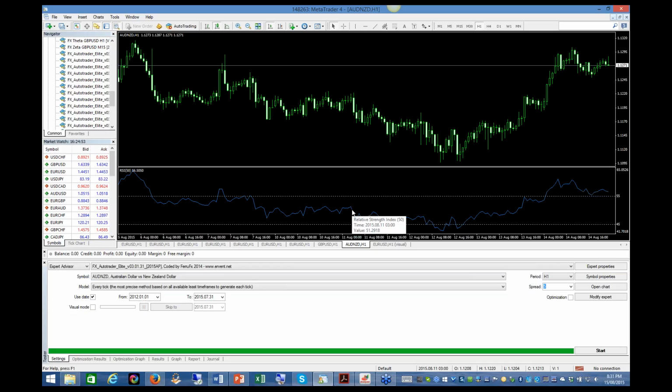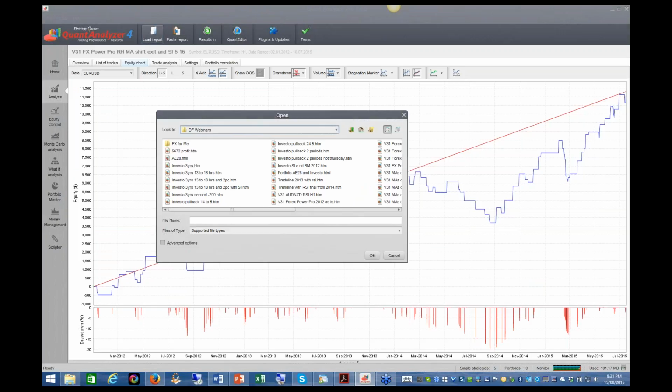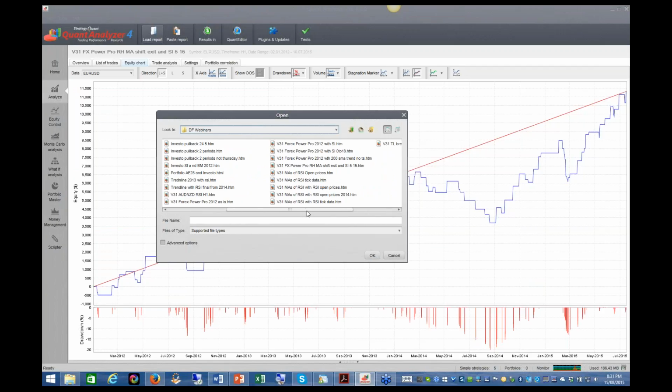It's a simple one where if RSI moves above a line, it's a buy, and if RSI moves below, it's a sell. And if we look at the results for that, which is this one here.